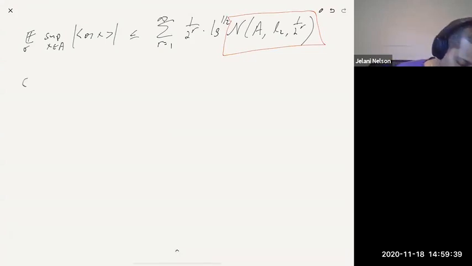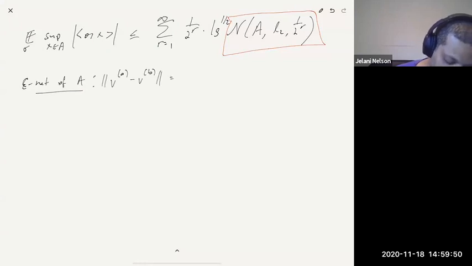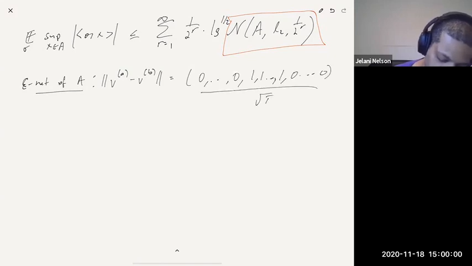So for an epsilon net of A, just notice that if you look at some v at time a minus v at time b, this is going to be a vector that has a bunch of zeros, then some ones, then some zeros, and then there's a division by root t, and you're taking the L2 norm of that.